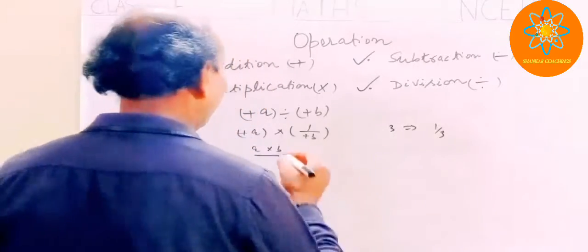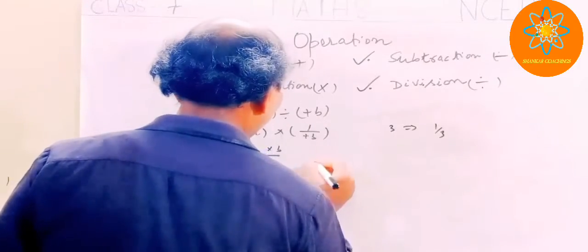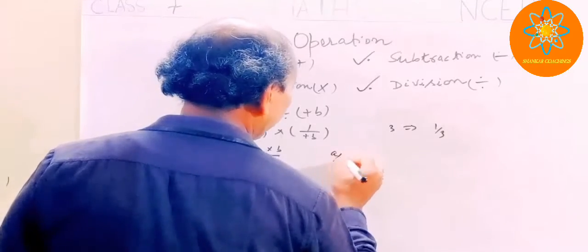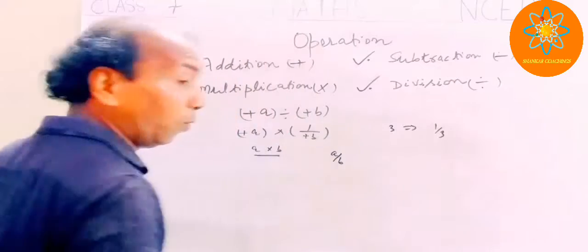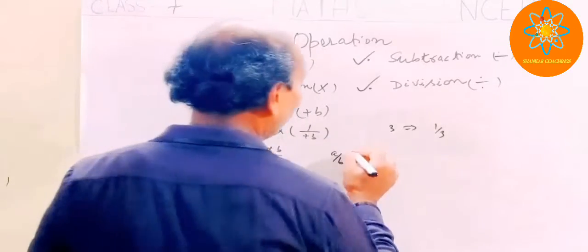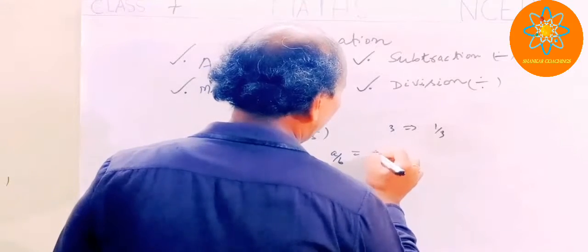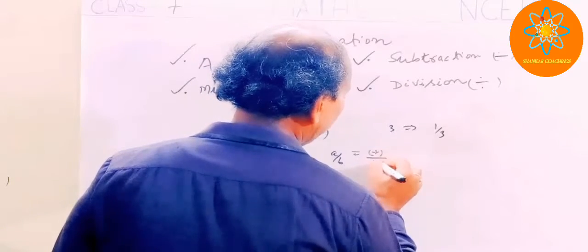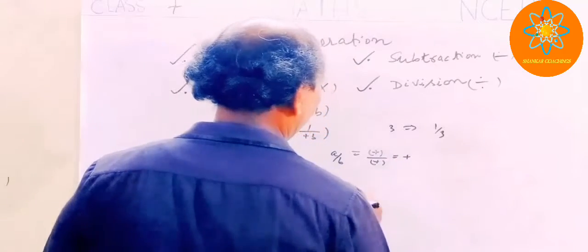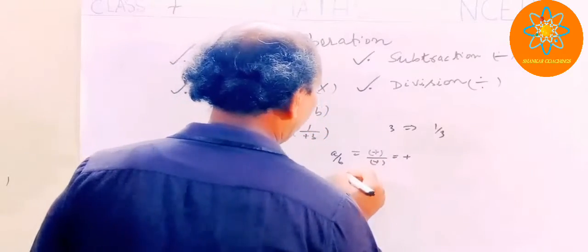Now if it is the case of the division, it is a by b. So how will we do the sign rule here? Positive divided by positive will be positive. This is the sign rule.